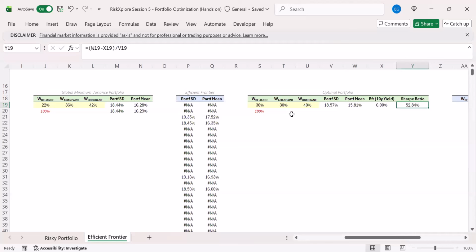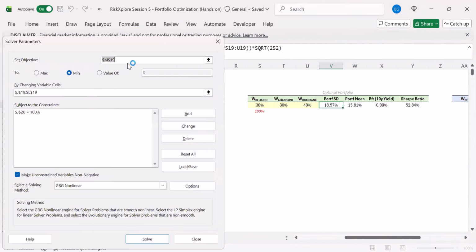Now, what we have to do in order to find out optimal portfolio? We have to maximize this Sharpe ratio. Okay. How do we do that? We can go to data tab, solver, right? Instead of minimum, we have to maximize. What we have to maximize?